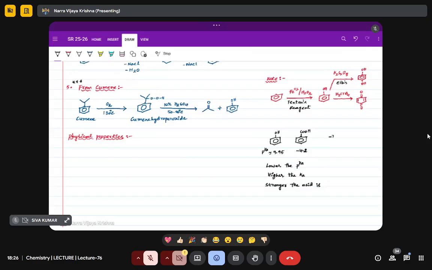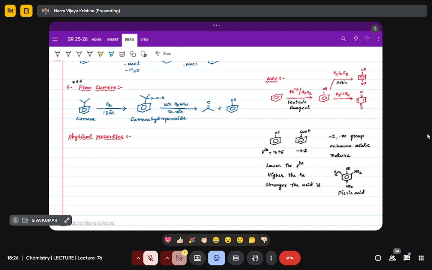Presence of minus I and minus M groups will enhance the acidic nature of acids. For example, if you have NO2 groups on phenol, if we have 3 NO2 groups, then it becomes a very strong acid, correct? What we call this acid as? Picric acid, very strong acid. It is even stronger acid than benzoic acid.